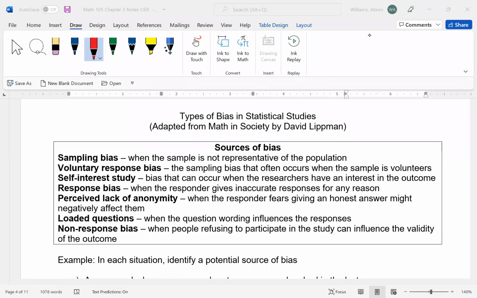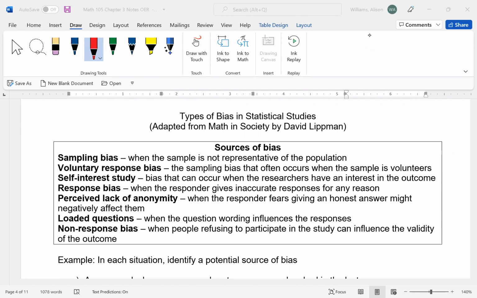Okay, sorry. So a sampling bias is when the sample is not representing the population. Voluntary response is when the sample comes from volunteers. And that's a problem because when you're volunteering, you might have a motive for volunteering. Self-interest, that usually means the researchers might not be the best people to be getting that information from.